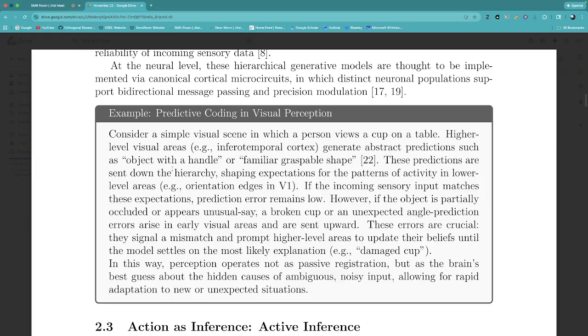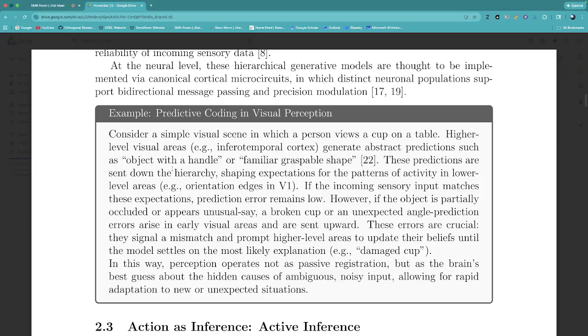If the incoming sensory input matches these expectations, prediction error remains low. If the processing in different parts of the visual network is basically similar, there are no surprises, and prediction error remains low.